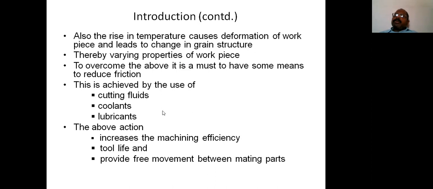Some members may think, yes, lubricant is required, it is very important, but where is it required? It is required between the lathe bed and the lathe carriage. Don't understand it like that. Whenever two mating elements are there, the application of lubricant between them is very, very important.